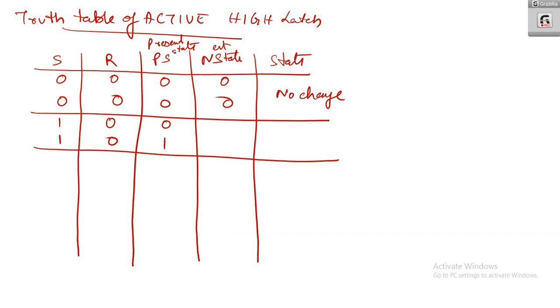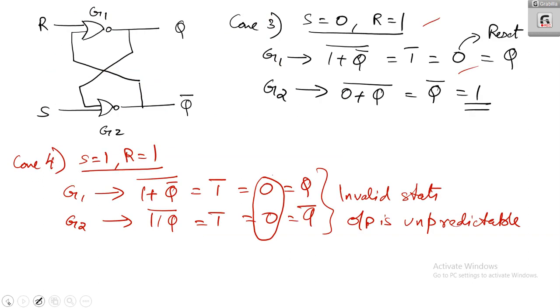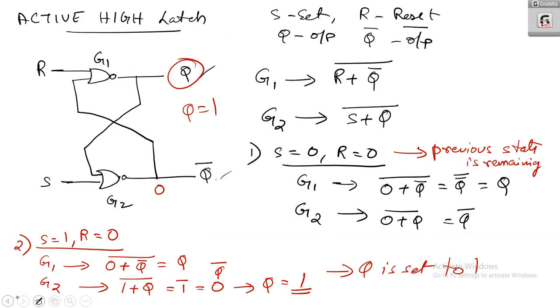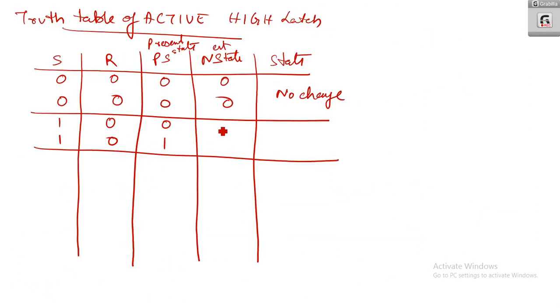I am having two present states, it can be 0 or 1. Now in this case what will be the next state? Because I am keeping set as 1, always the next output will be equal to 1. Here you get 1 and 1. So that is known as set.